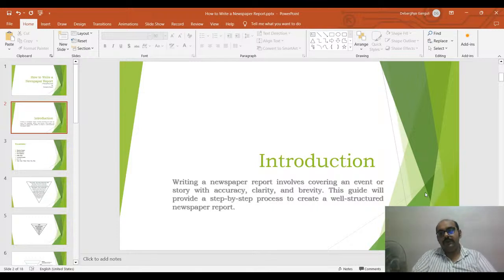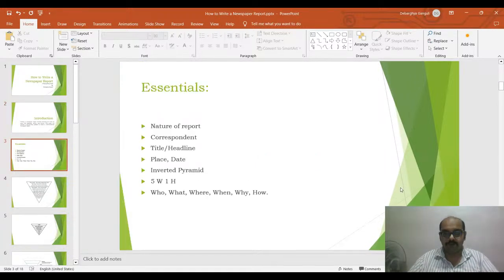Now, we will be dealing with a step by step process to create a well structured newspaper report. So, let us look at the essentials of a newspaper report. The first thing that we need to deal with is the nature of the report. All right. If you have seen a newspaper, then you know a certain detail of the newspaper.